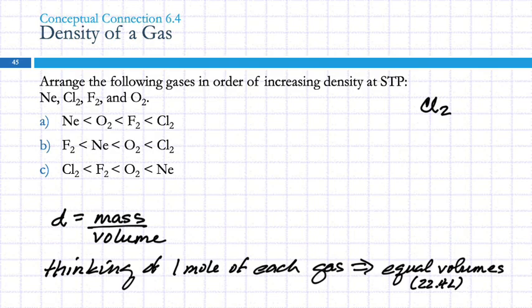All the volumes are the same in my imaginary 1 mole samples, but the masses of them are different. The mass of Cl2 is larger than all the others. If I have my density equal to a larger mass divided by the same volume, I'm going to have the highest density, right?